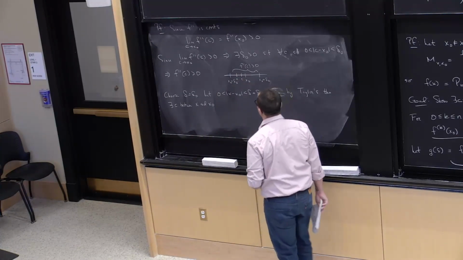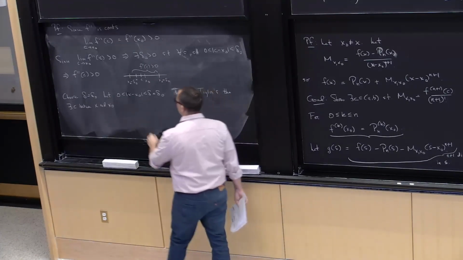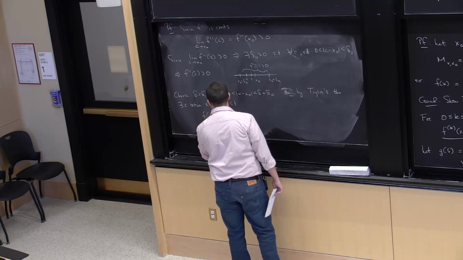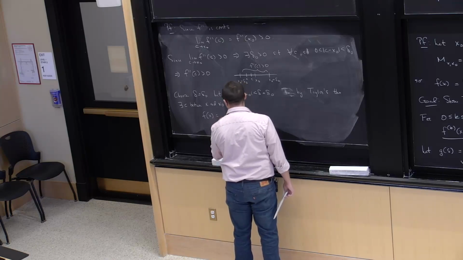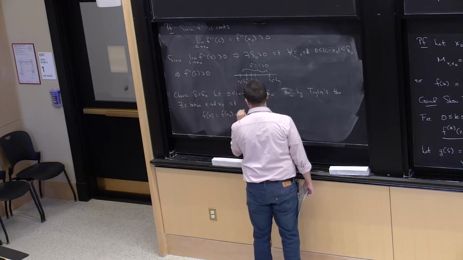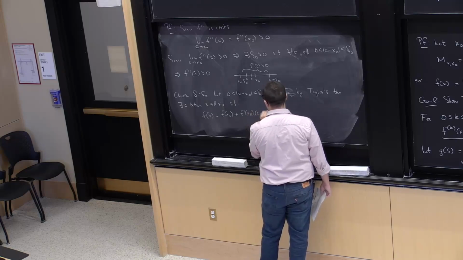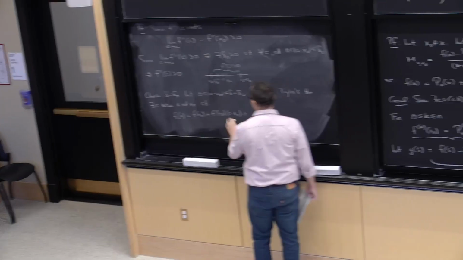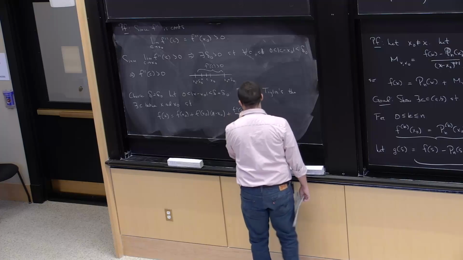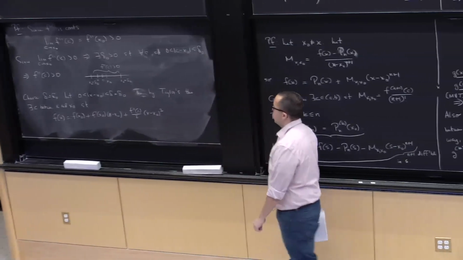There's this point c between x and x0, which I can always choose strictly in between them, such that I have that f of x equals f of x0 plus f prime of x0 times x minus x0, sorry, I mean plus f double prime of c over 2 times x minus x0 squared.